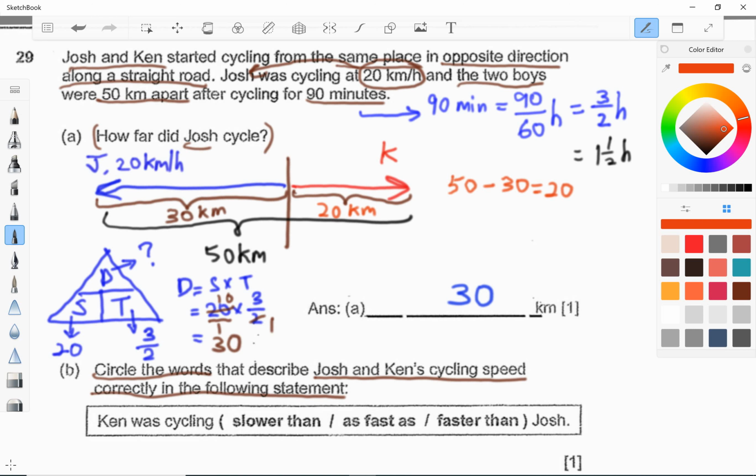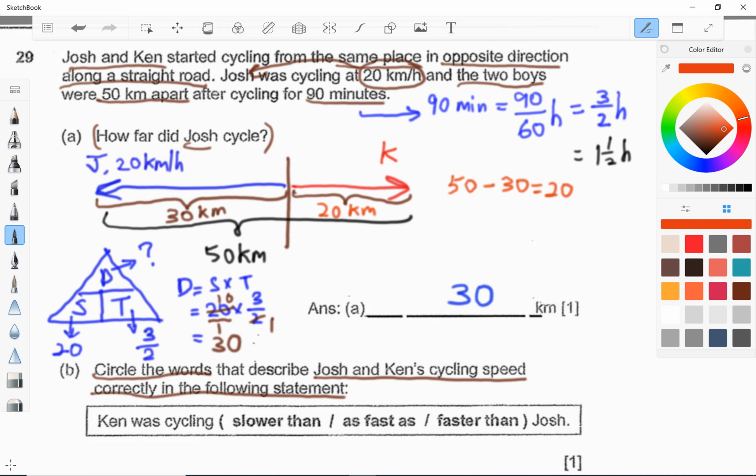So now we have to ask ourselves this question. Circle the words that describe Josh and Ken's cycling speed. So Ken was cycling slower than, as fast as, or faster than Josh. Think about this. Within the same time frame of 90 minutes, Josh covered 30 kilometers and Ken only covered 20 kilometers.